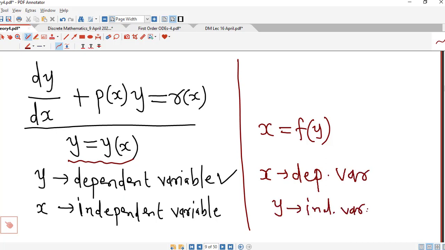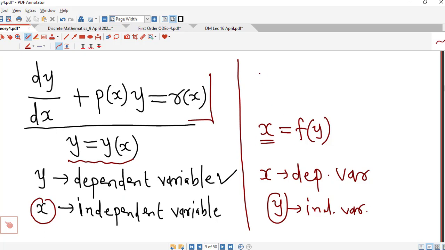So in that case, the roles of x and y in this equation will change.